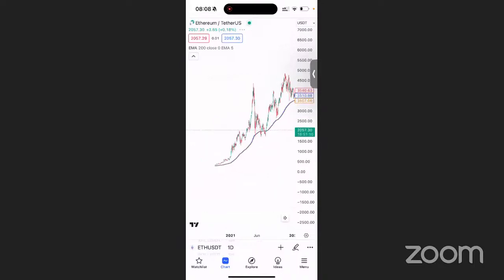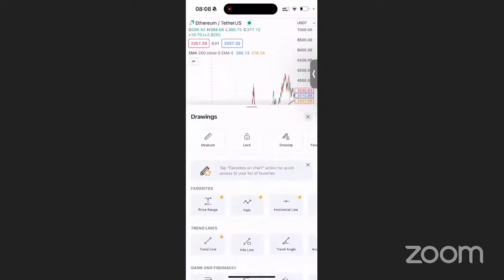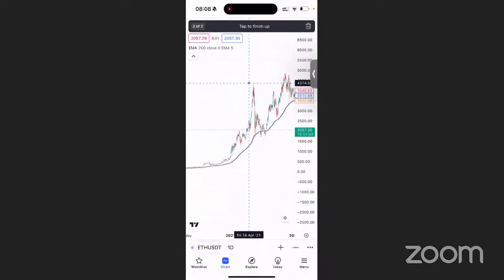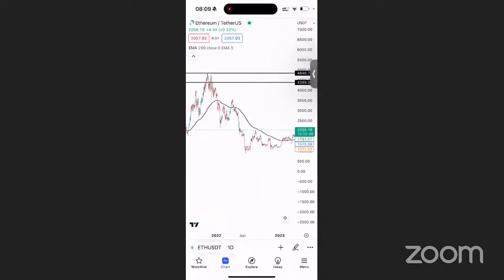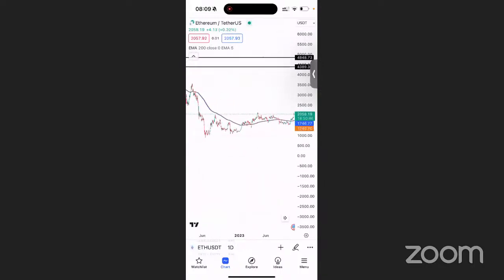you see this was 2020, this was 2020. We see Ethereum forming its first all-time high after candles formed above a 200 moving average. That was around $4,000. Then we see it forming one of its highest all-time highs around there. Then we see candles becoming below the 200 moving average.